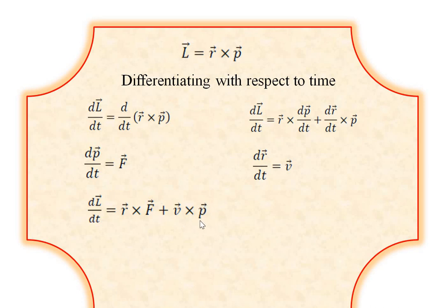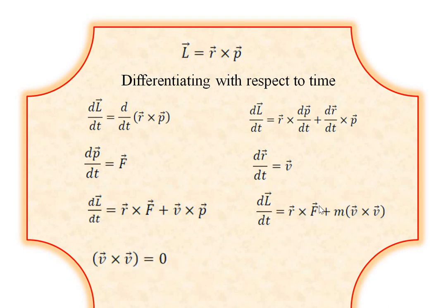We know that P is the momentum, with the formula mass into velocity. Putting this value and simplifying this equation, we get dL vector by dt is equal to r vector cross F vector plus m into the bracket v vector cross v vector. We know that the self cross product is 0, that means v vector cross v vector is equal to 0.